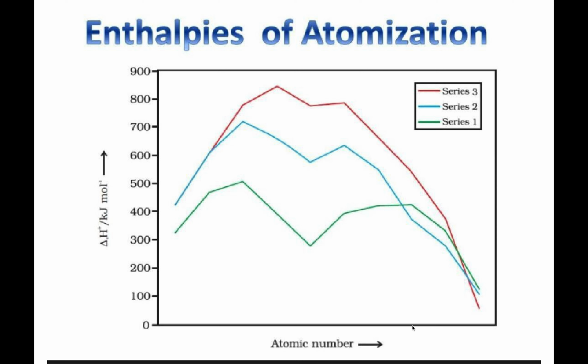Now you can see the enthalpies of atomization in this chart, and you can see three series here. Series 1 in green, 2 in blue and 3 in red, and along the x-axis we have the atomic number.